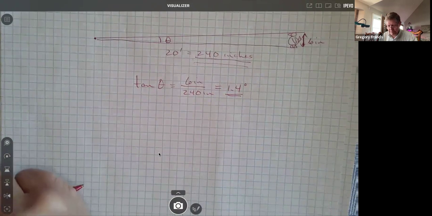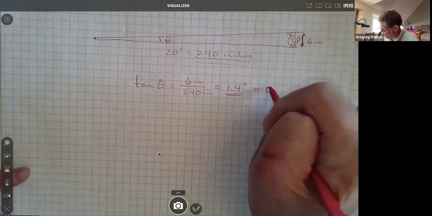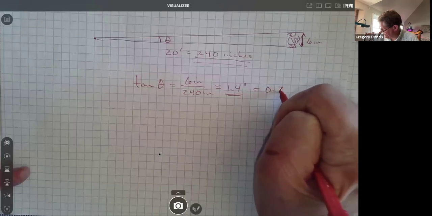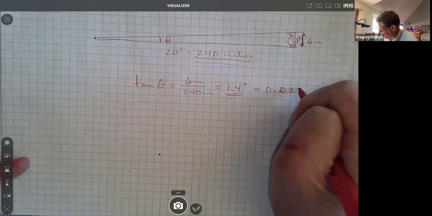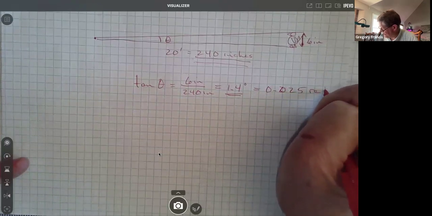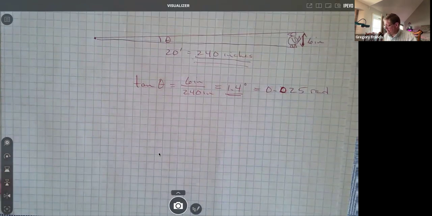So 6 divided by 240 equals inverse tangent. And what we get is 0.025 radians.